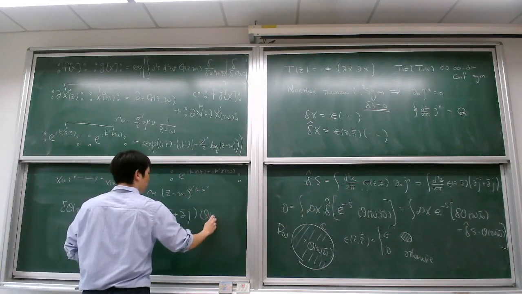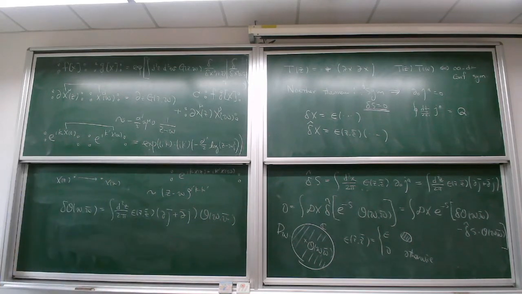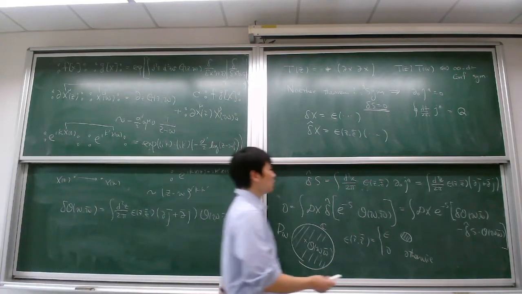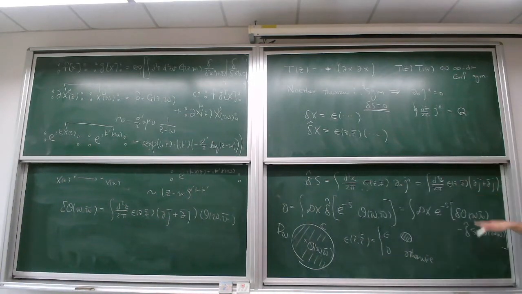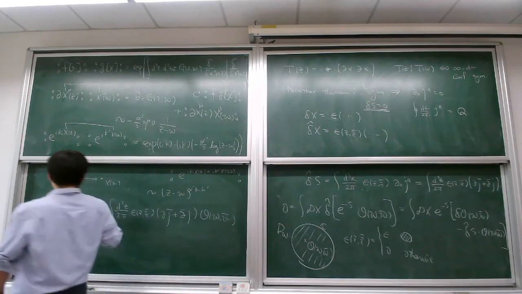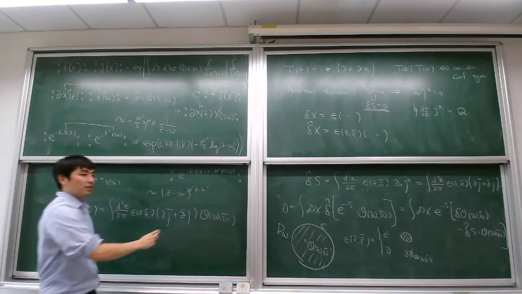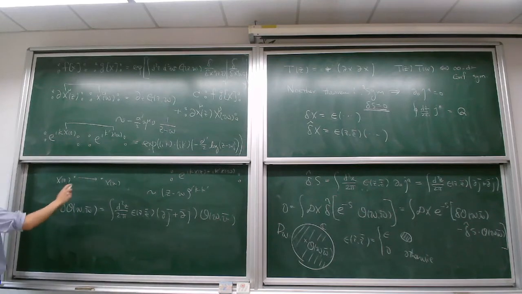If you do the contour integral, as you can see, I just substitute this one into here and forget everything about this. It is inside a path integral, so I omit the average.